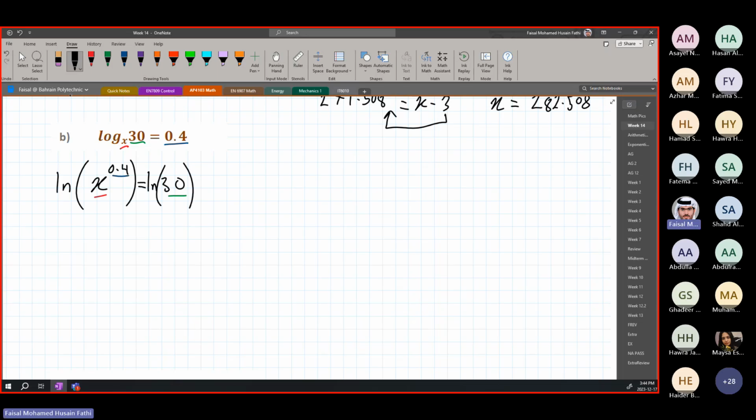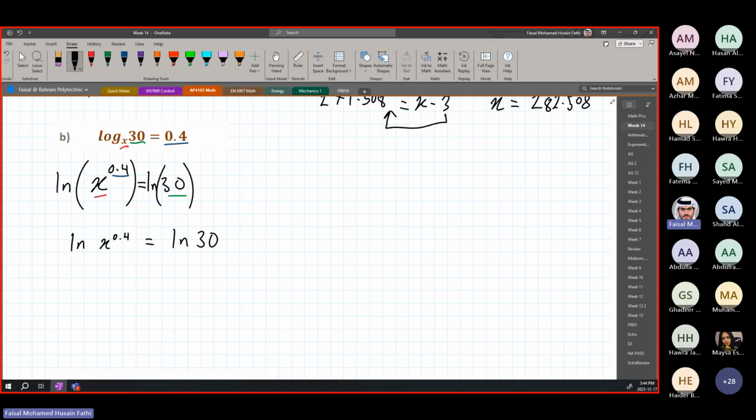How do you know you should apply ln? Anytime you have a base x or even a power of x, just keep in mind, if you see any exponential question where one of them is a variable, you know you have to apply ln to solve. So when we apply ln, this is what we get: ln of x to the 0.4 is equal to ln 30. Ln 30 in the calculator, you can find it instantly. So it's just a constant.